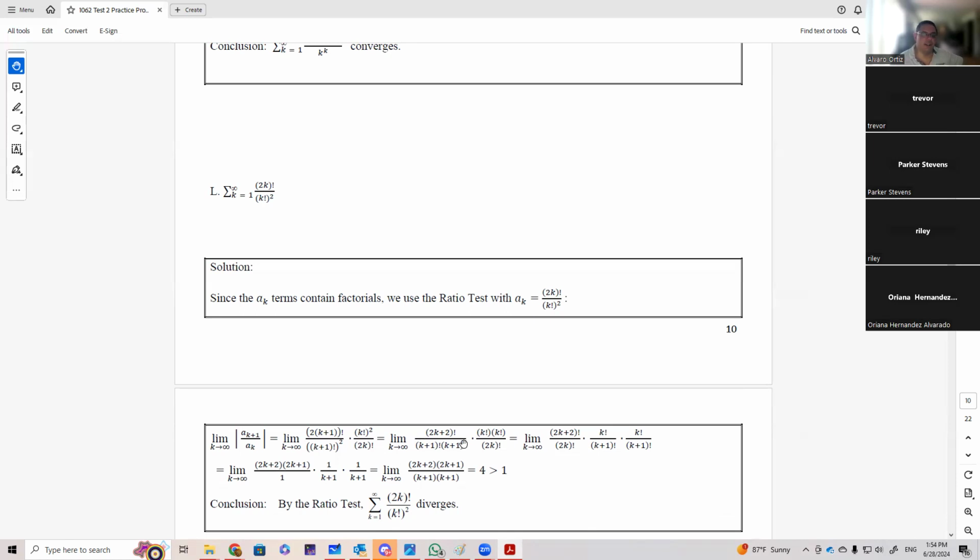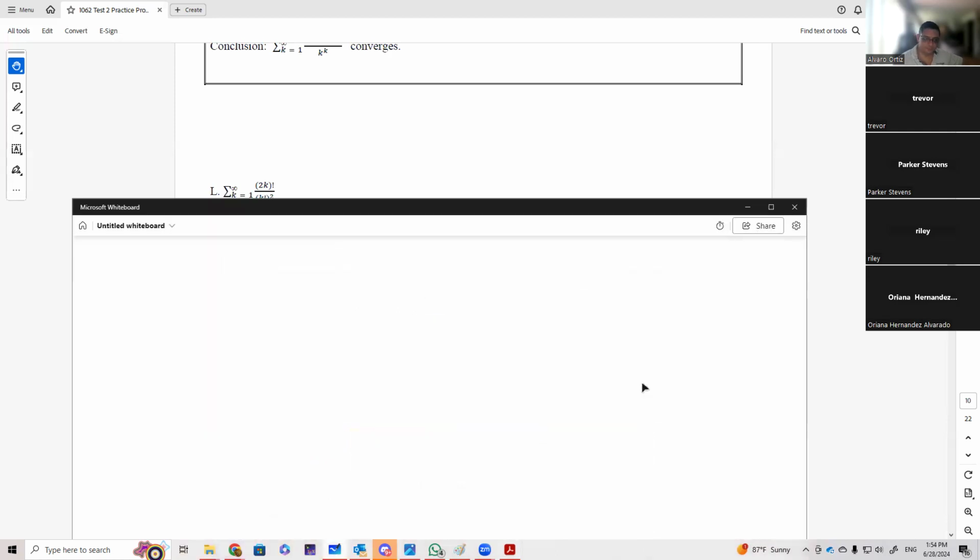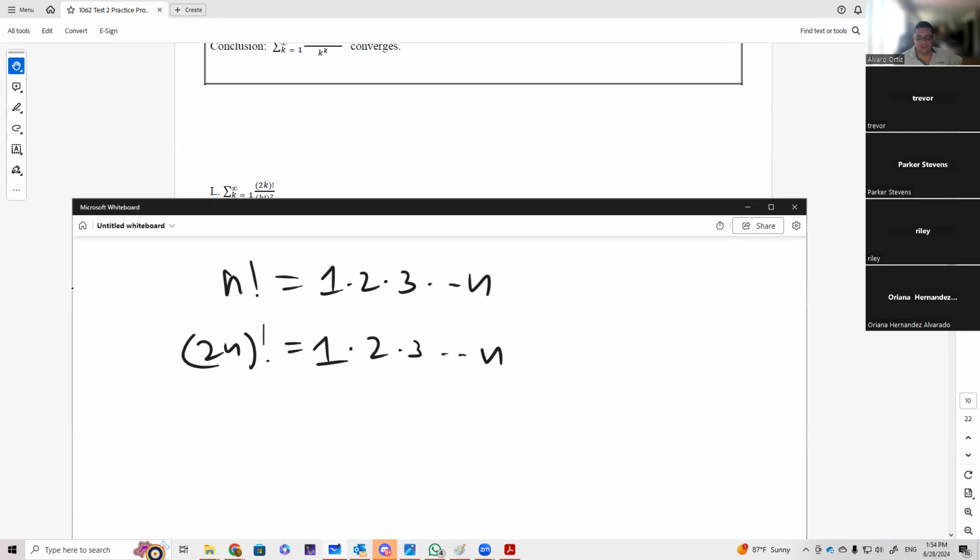Now, the key thing here is that you gotta remember what a factorial is. n factorial is the multiplication of 1 up to n. So if you have something like 2n factorial, it can be confusing, because this is really the multiplication of 1 times 2 times 3 times up to n at a certain point, times n plus 1, n plus 2, up to 2n.